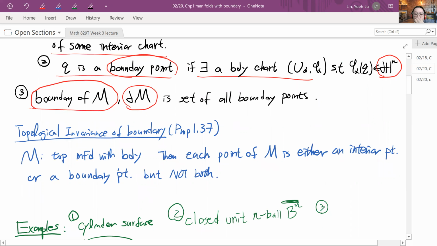A remark I want to make here is that back then we know if you have a bunch of smooth manifolds without boundary and you take their product, one of the examples is that a finite product of smooth manifolds would be a smooth manifold, right? But here you may wonder, if I have a bunch of manifolds with boundary and I take the product manifold, would it still be a manifold with boundary?